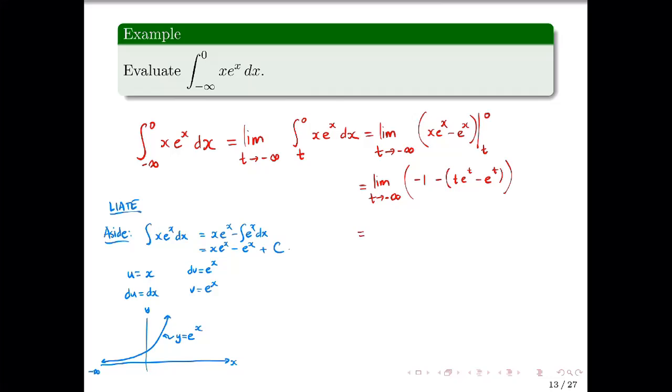So what we have in here is negative 1 minus this guy here, which will just be going to 0. And then we will still have this guy here, the limit as t approaches negative infinity of t e to the t. But this is an indeterminate form. This is of type infinity times 0.